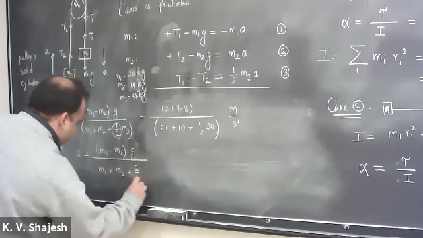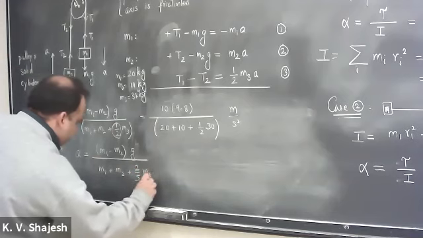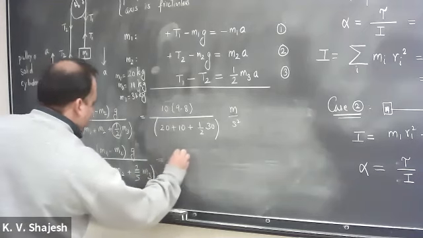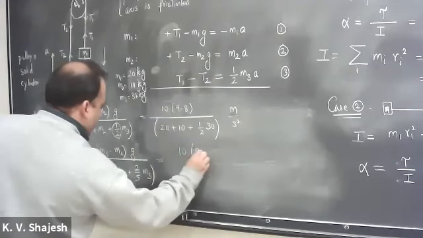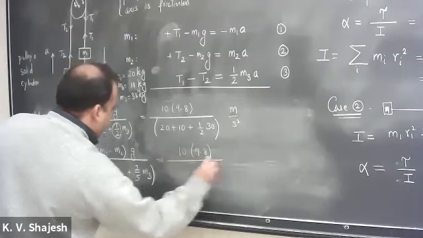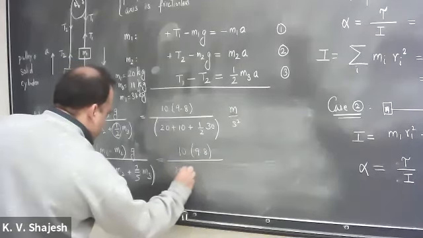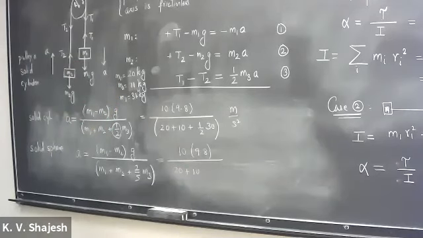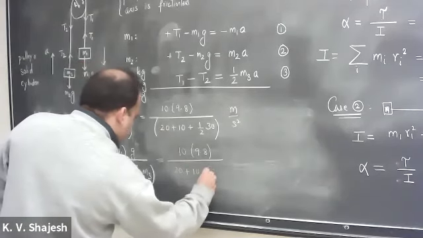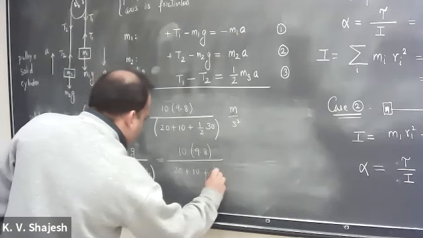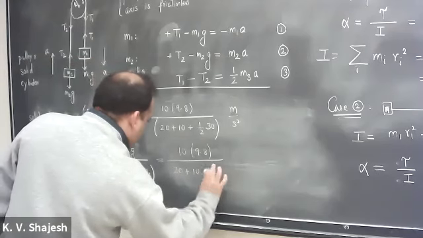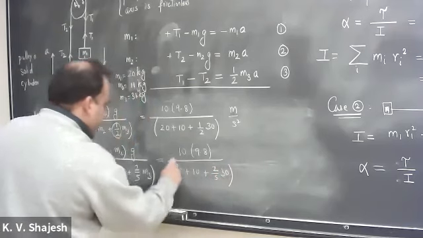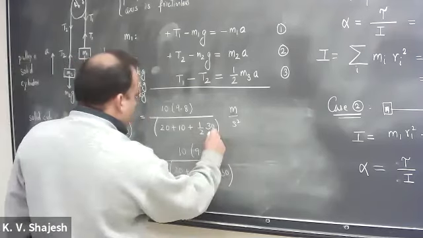So that's 2 by 5 times M3. So that's again 10 times 9.8. Everything remains the same. It's 20 plus 10. And 2 by 5 is 0.4. So 2 by 5 times 30. In the cylinder case, this will be 15.